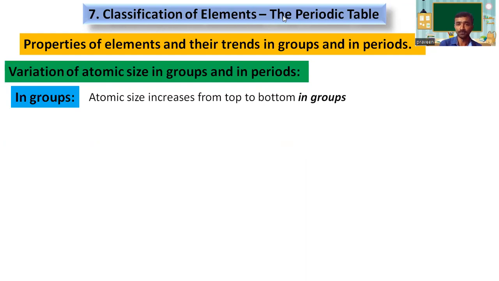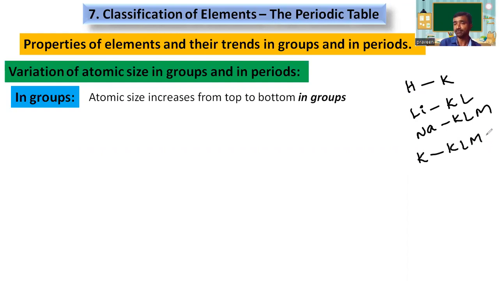For example, hydrogen has only one shell, K. Next, lithium has two shells, and sodium has main shells K, L and M, 3 shells. If you go to potassium, 4 shells: K, L, M, N.